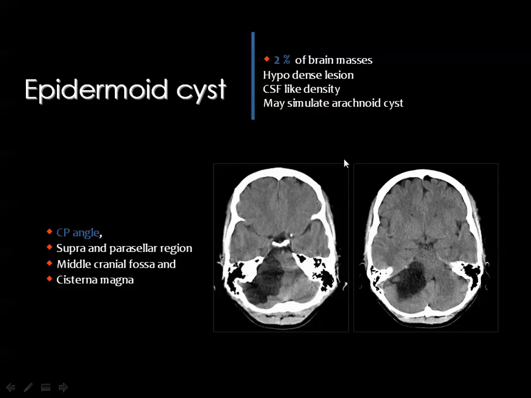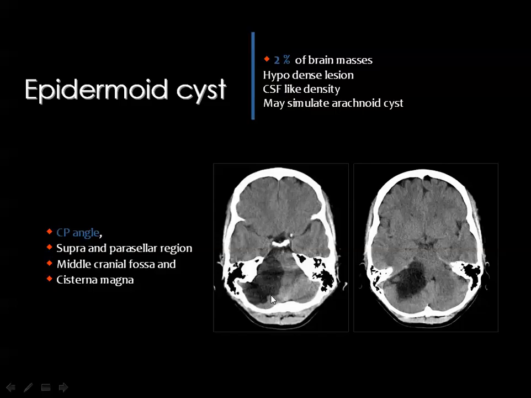The differentiating points between epidermoid and arachnoid include the location. Epidermoid cyst is commonly located at the cerebellopontine angle region, while the arachnoid cyst is seen against the greater wing of the sphenoid. Arachnoid cyst has a smooth margin, epidermoid cyst has a lobulated appearance.